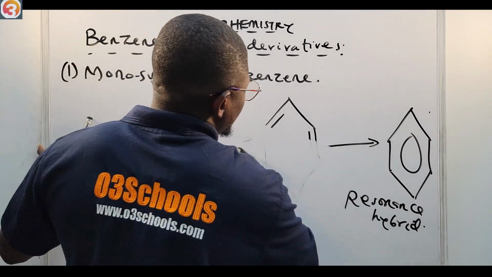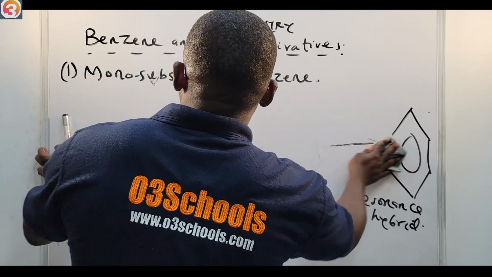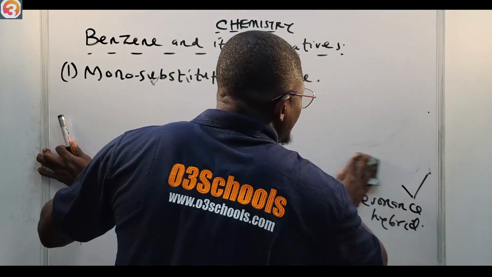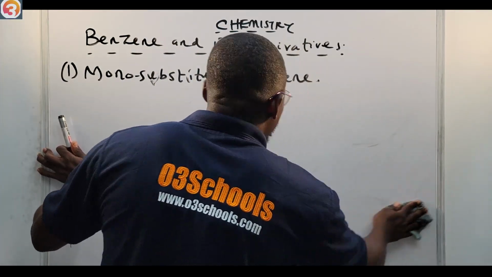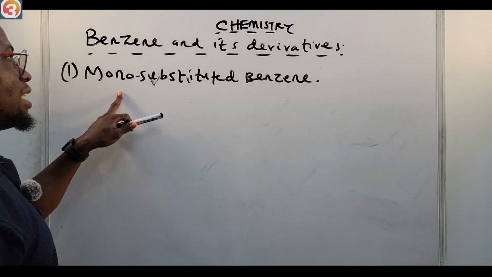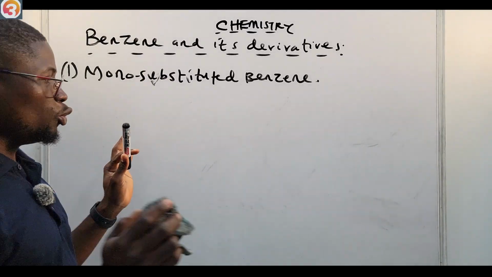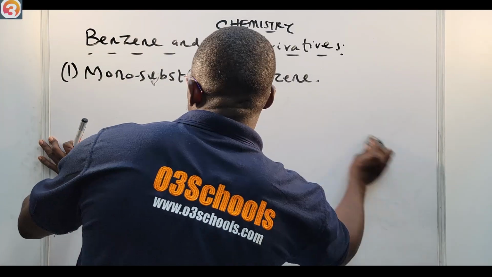So the first example we're going to look at is a benzene ring, and because we're discussing monosubstituted benzene, we're going to have one group attaching itself to the benzene ring.